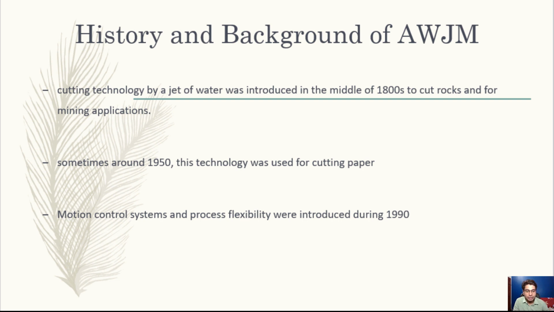Motion control systems and process flexibility were the major developments in this technology in the 1990s with the introduction of CNC control systems in abrasive water jet machining. Since then, a series of developments to accomplish machining of hard and brittle materials, manufacturing typical shapes and microproducts, cleaning and polishing, and for developing biomedical, scientific and electronic components, have made them widely used.